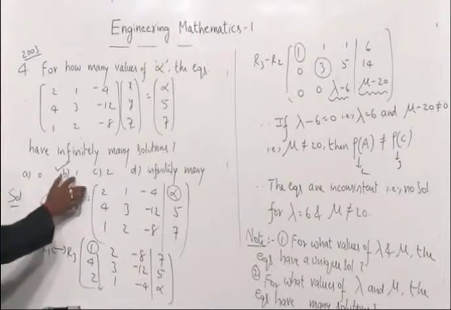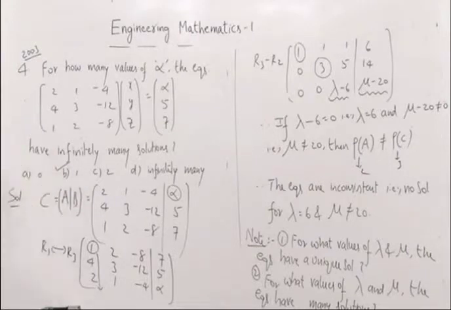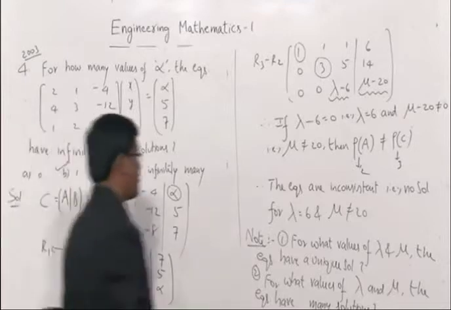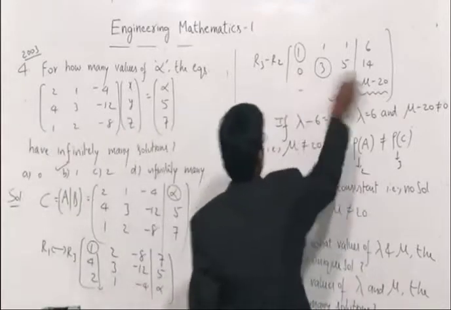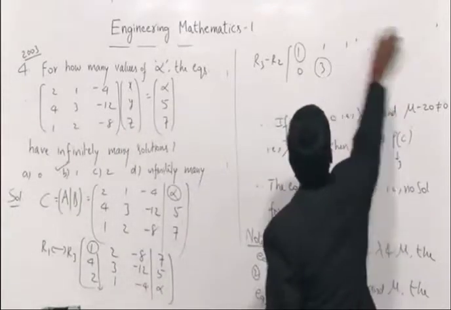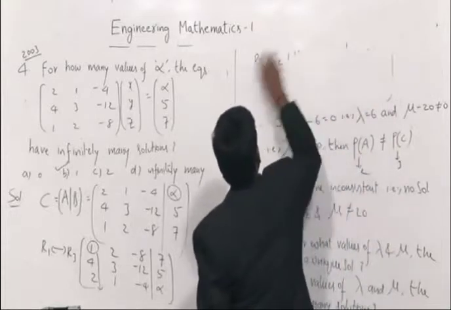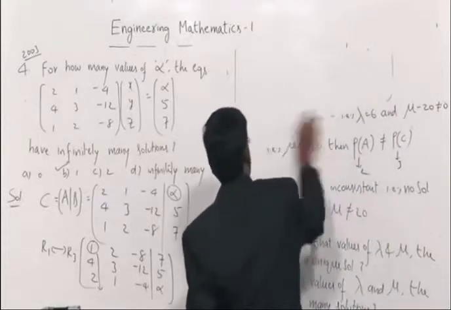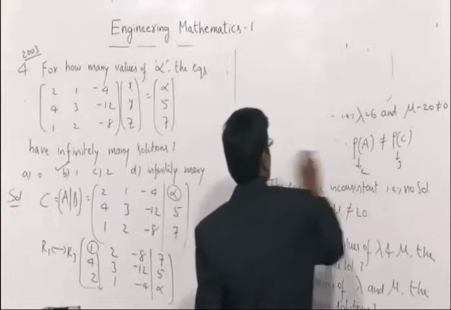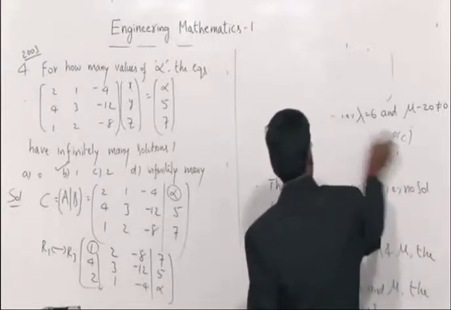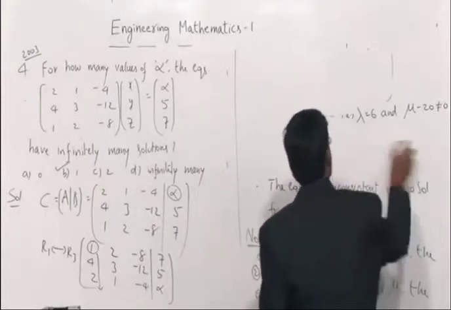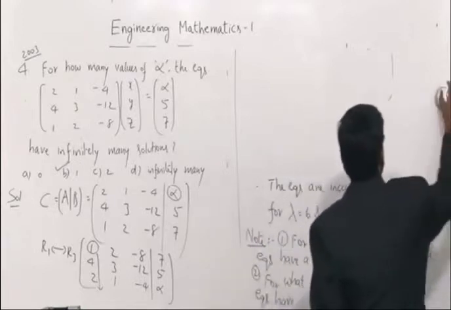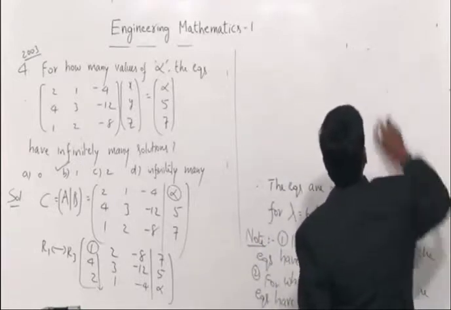It doesn't mean the alpha value is 1. We don't know the alpha value until after reducing into row echelon form. After reducing the matrix to the last step, the row echelon form, we can find the corresponding alpha value. According to the option, it is given as one value only. You check this one.